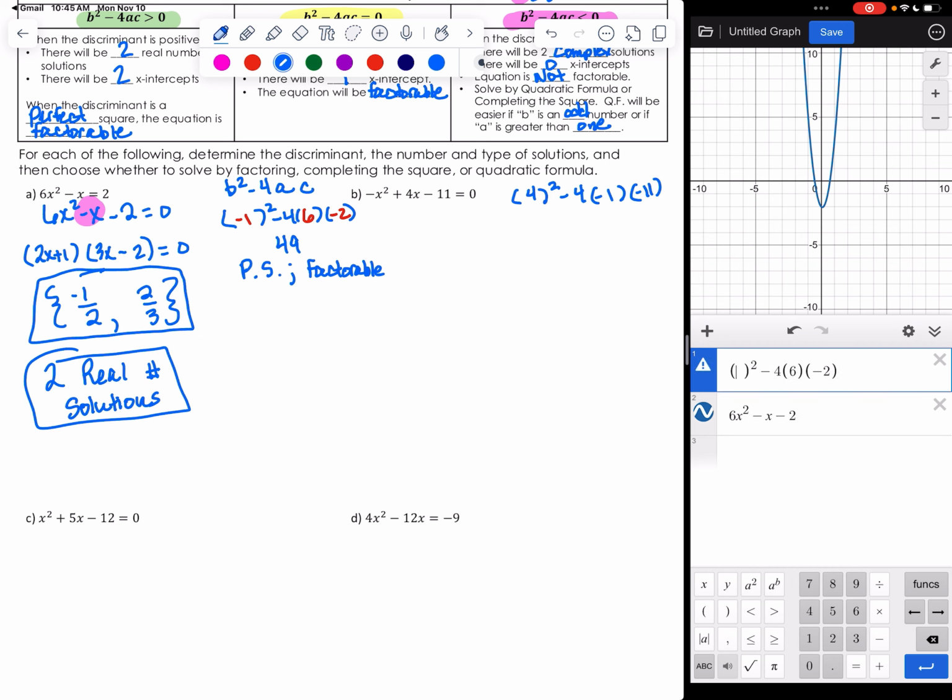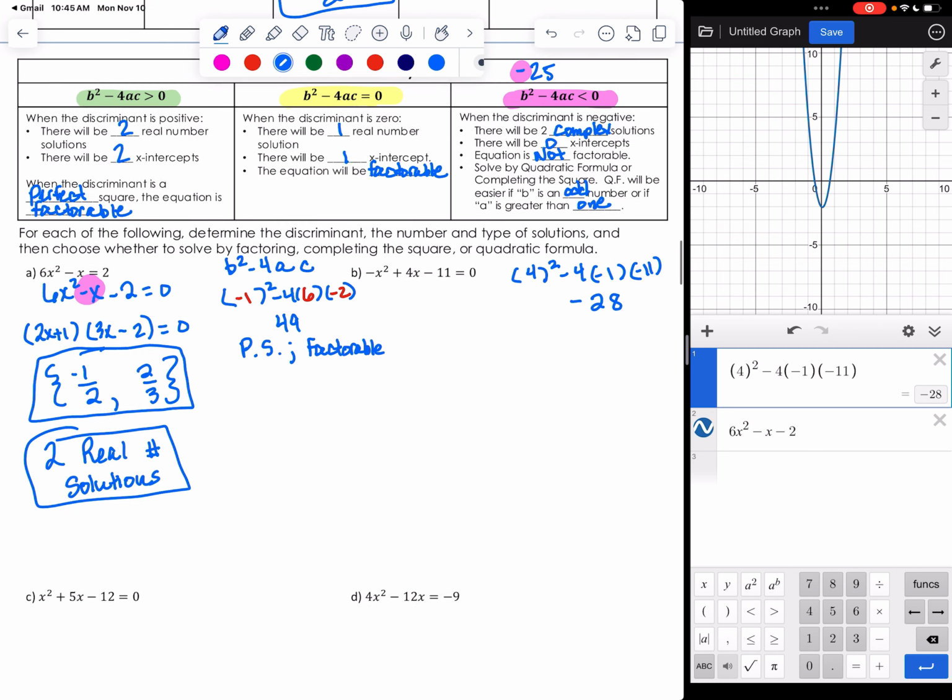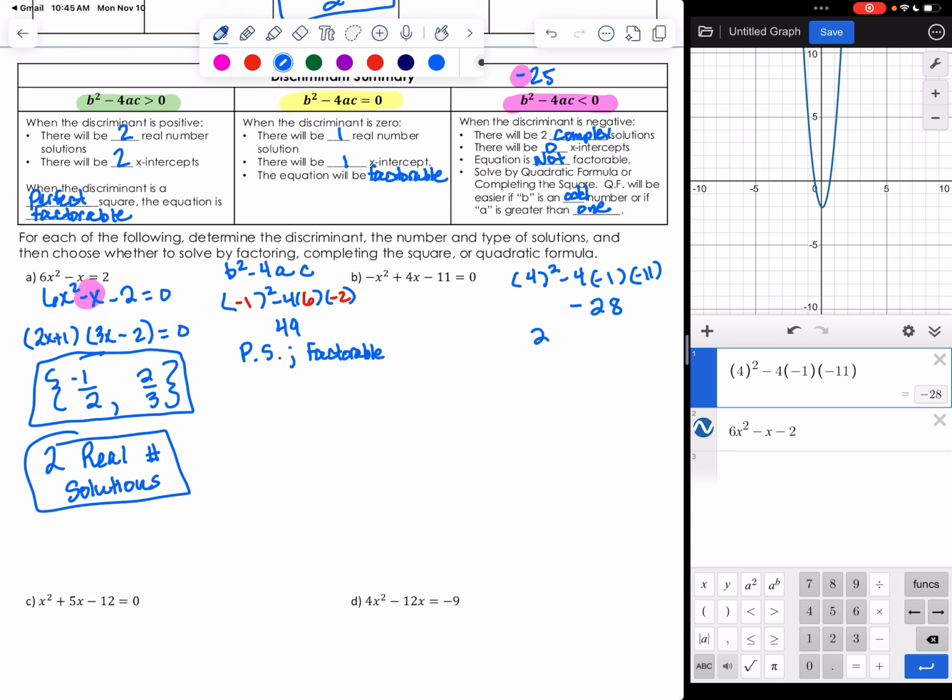This will be 4. The 6 will change to a negative 1. And the negative 2 will change to negative 11. Now I'm getting a discriminant of negative 28.